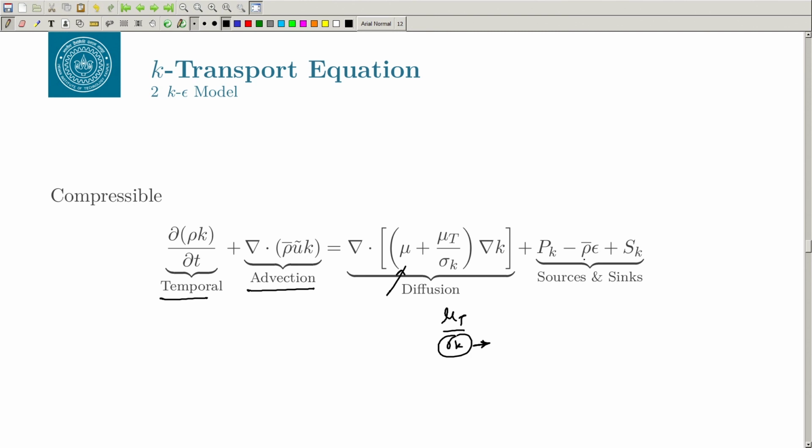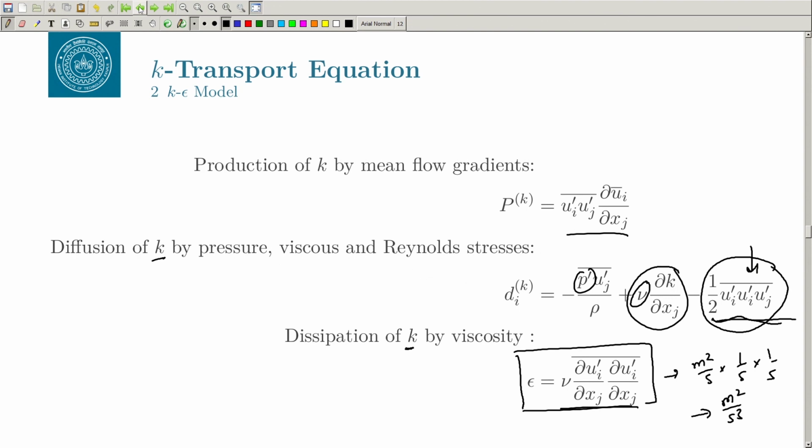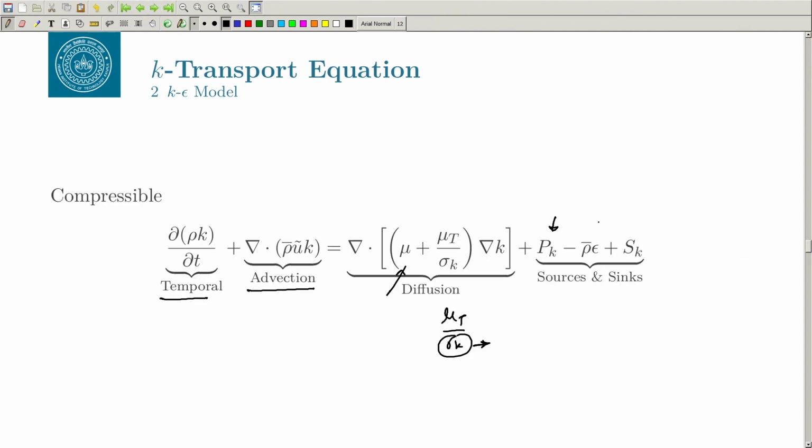And finally, we have the production of the kinetic energy, and then you have dissipation, that is why the sign is negative. If there is any source or sink, you can put it together here. So you can divide the kinetic energy equation into 4 parts: the rate of change of turbulence kinetic energy, how it is getting advected, how it is getting diffused, and how it is being produced and dissipated.